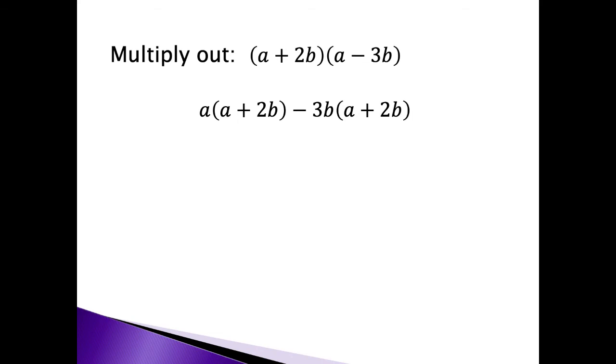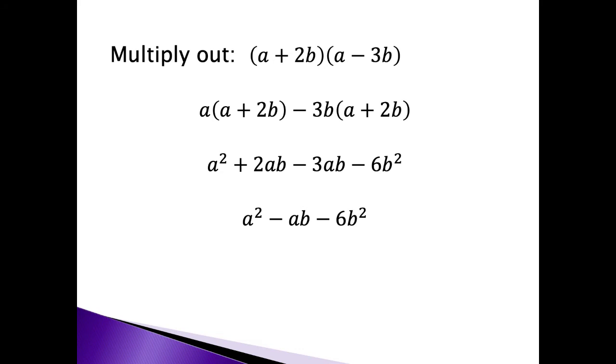Now, I always put the minus sign so that I'm multiplying the minus sign and distributing it to the second parentheses so that I don't forget to. All right, so when I multiply the first parentheses, I have a squared plus 2ab minus 3ab minus 6b squared. So then when I combine the like terms, I have a squared minus ab minus 6b squared.